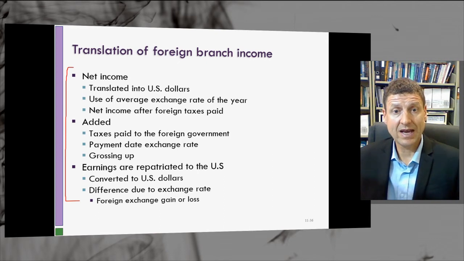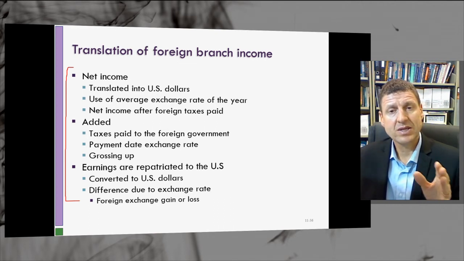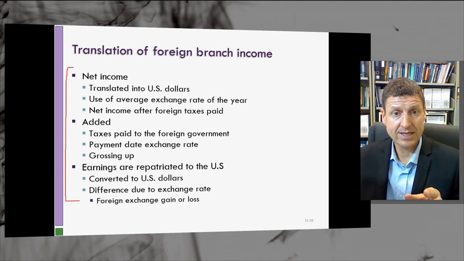There's a use of the average exchange rate of the year, and it's the net income after foreign taxes are paid. What is added is taxes paid to the foreign government, the payment date exchange rate, and any grossing up. When earnings are repatriated to the US, they're converted to US dollars, with a difference due to the exchange rate. So there are some things we need to understand here. There is the average exchange rate of the year as being an important part.